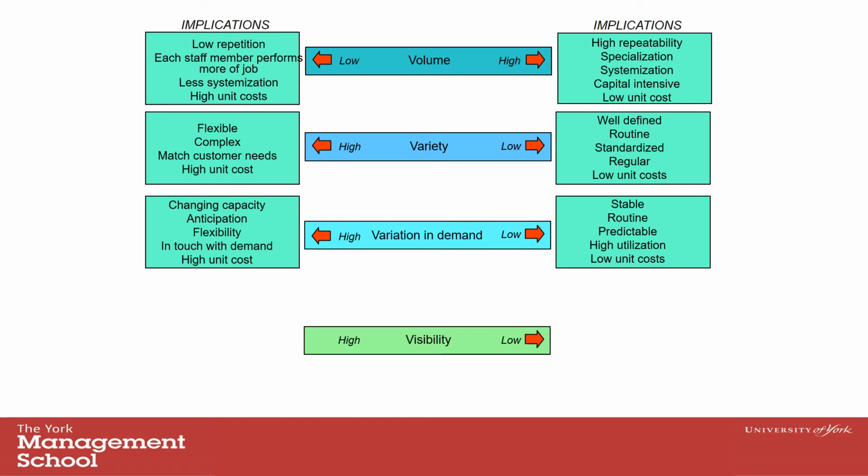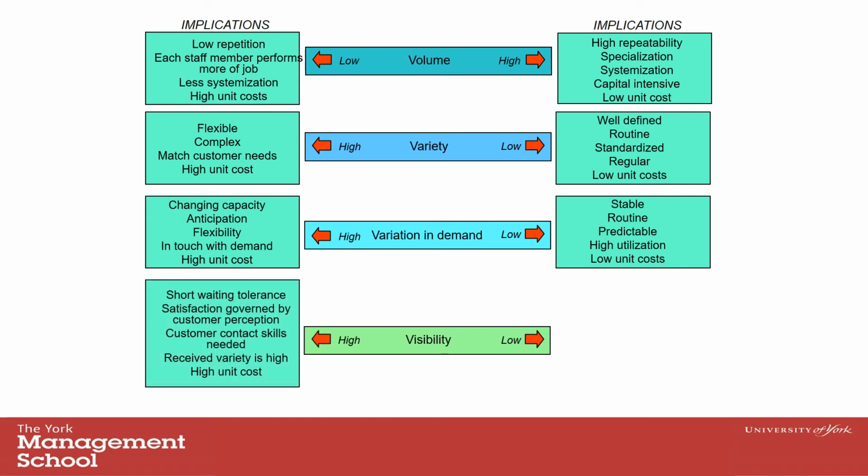Visibility. The implication of high visibility is that things can get expensive. This is where the high unit costs come in. If people can see people working, there becomes a low tolerance for waiting. Satisfaction might not be about quality of production, but about how people perceive production. How do people look when they're working? Everyone needs to be able to speak to the customer.